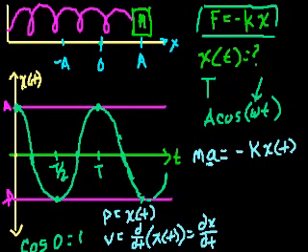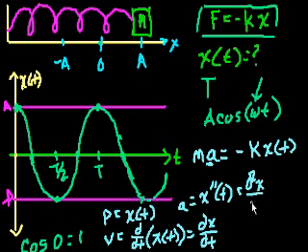And then what's acceleration? Acceleration is just the rate of change of velocity, so it would be taking the derivative of this. Or another way of viewing it, it's the second derivative of the position function. So acceleration is equal to, I'm just showing you all the different notations, x prime prime of t, or d squared x over dt squared. So that's the second derivative.